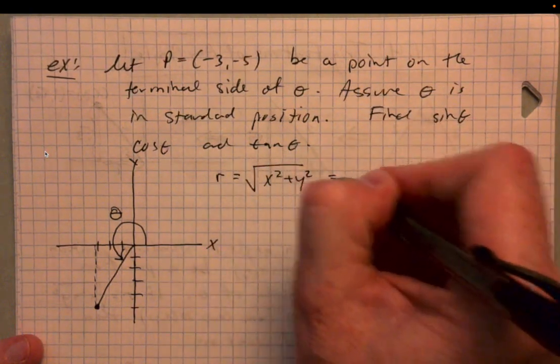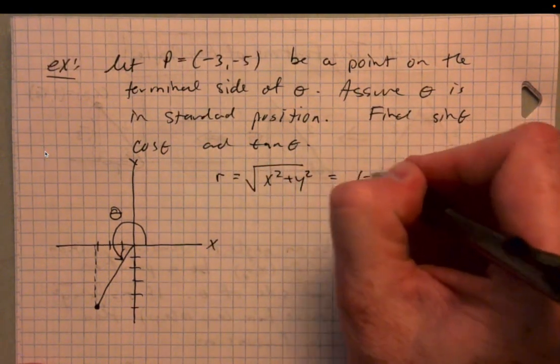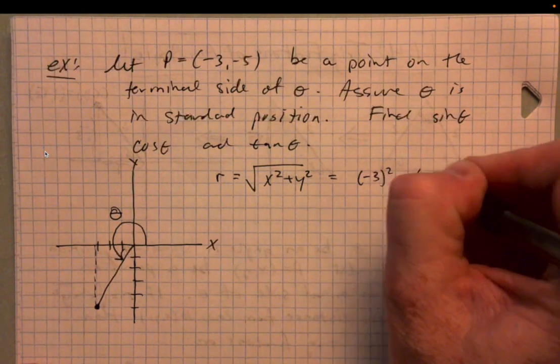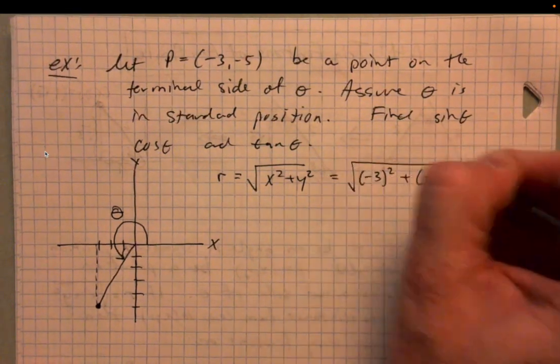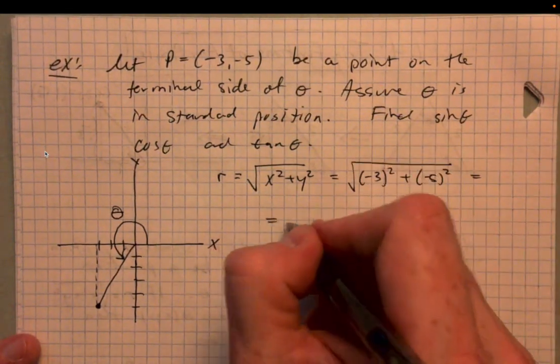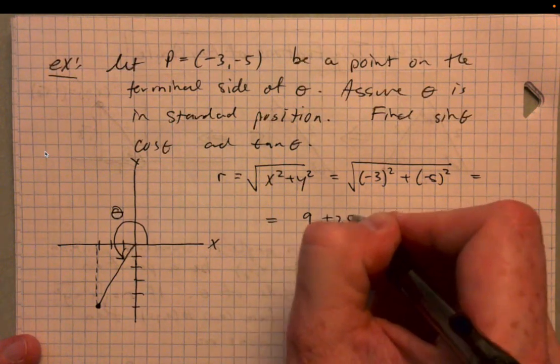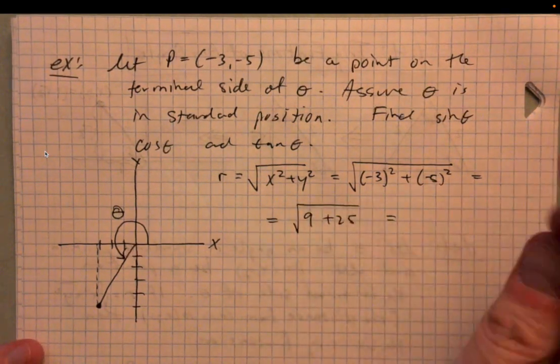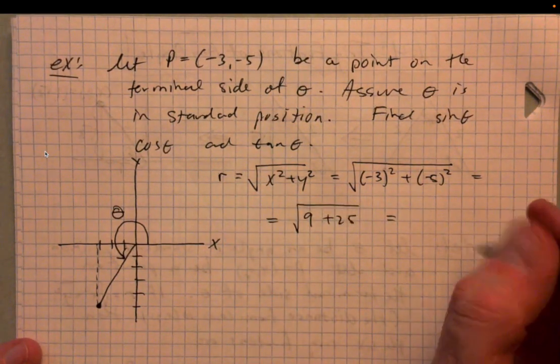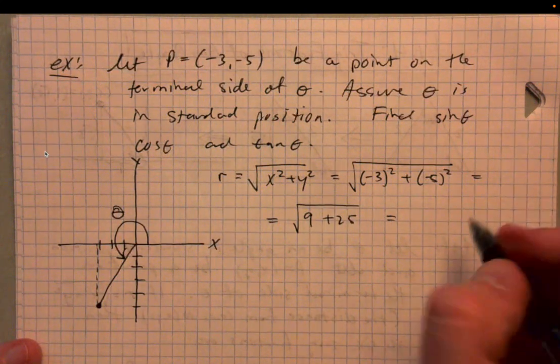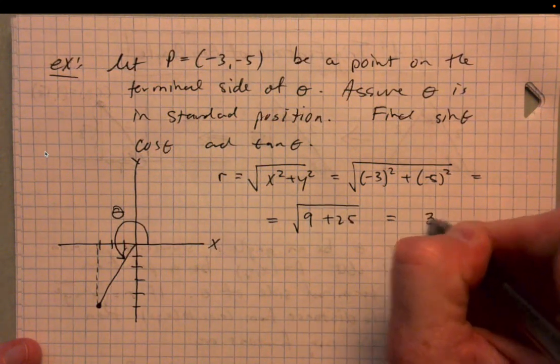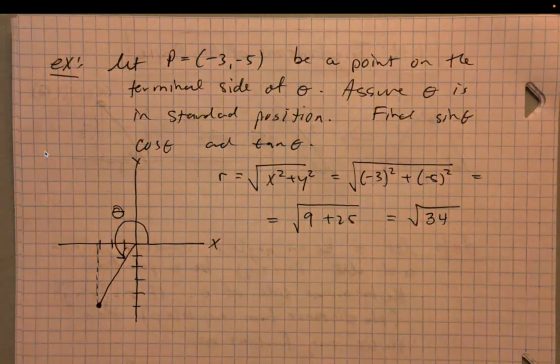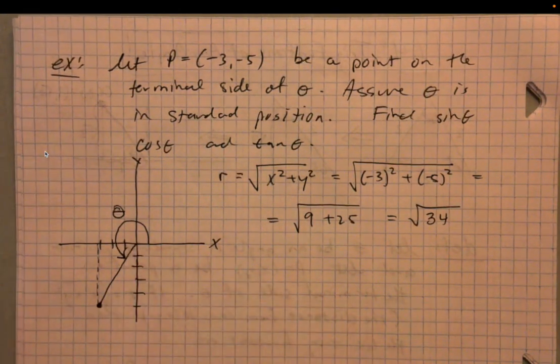We're given x and y, so we can figure this out pretty easily. -3 squared plus -5 squared is 9 plus 25, which is 34. Square root of 34. So this length is square root of 34.